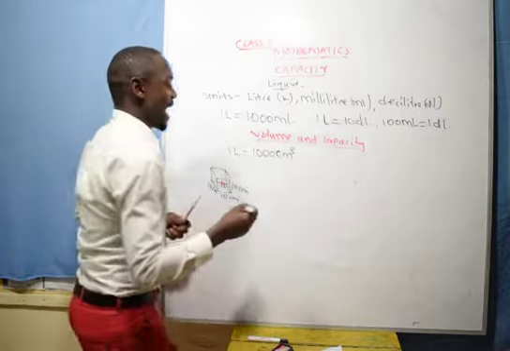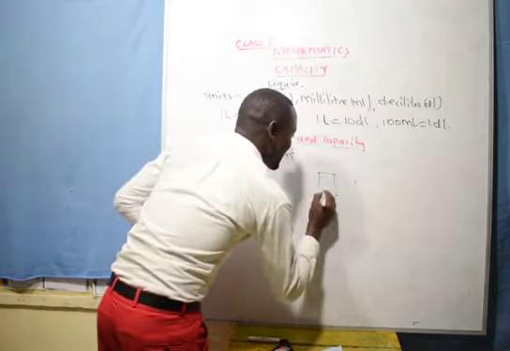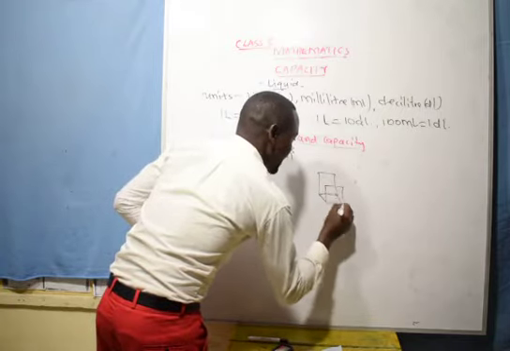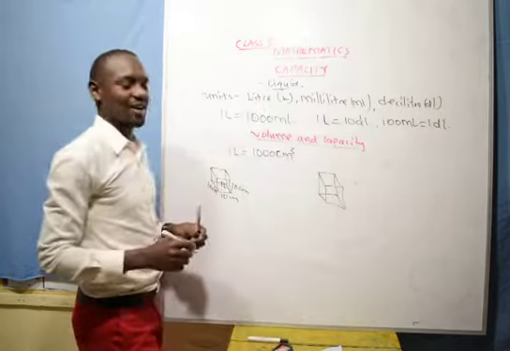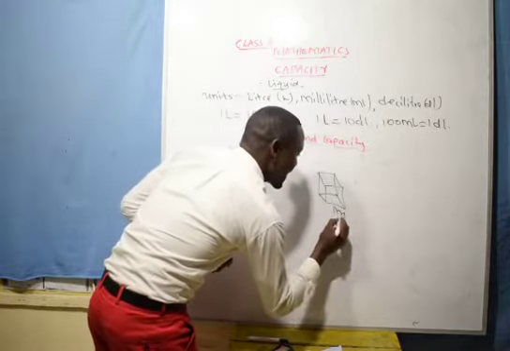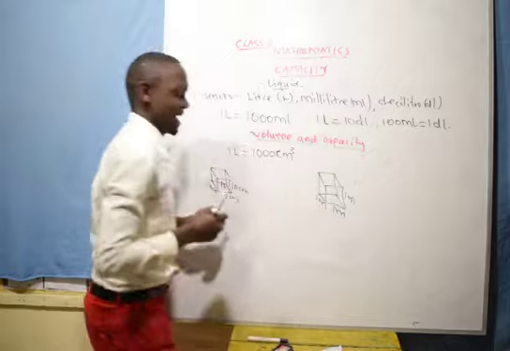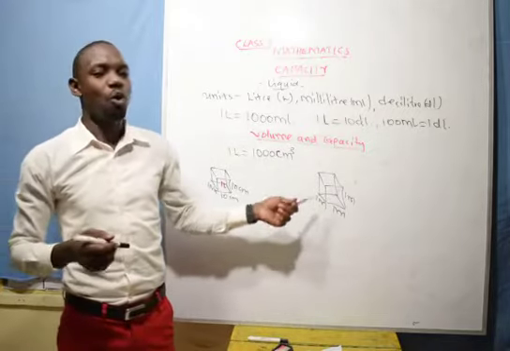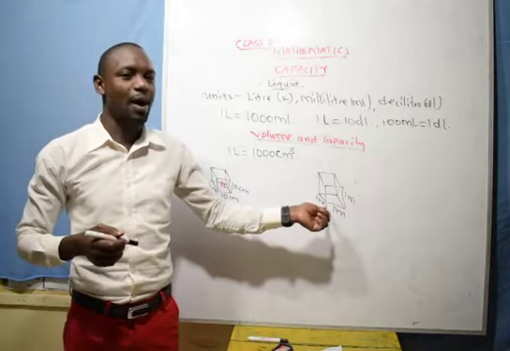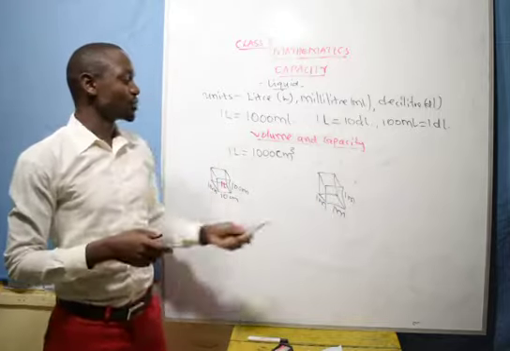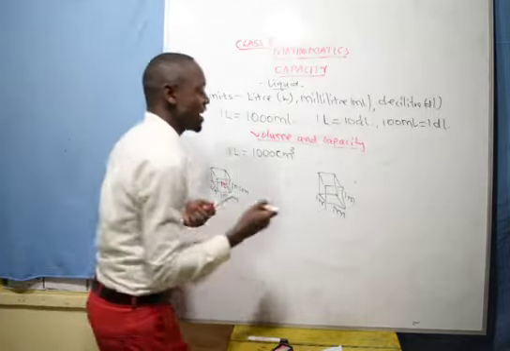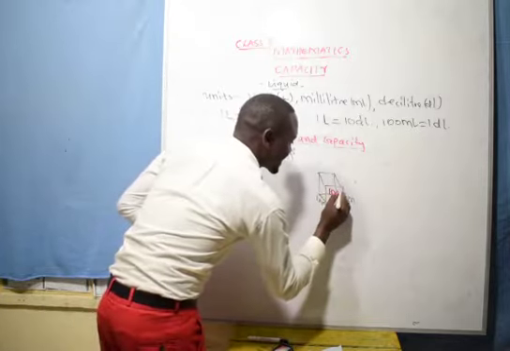Now, a cubic tank which measures 1 meter by 1 meter by 1 meter has a volume of 1 cubic meter. So this cubic tank will hold 1000 liters.